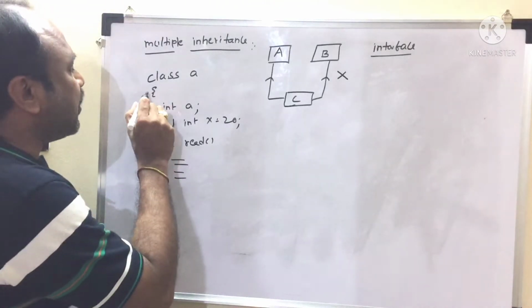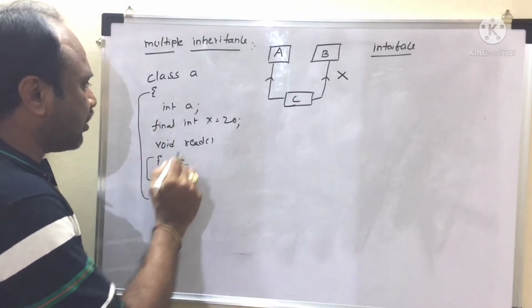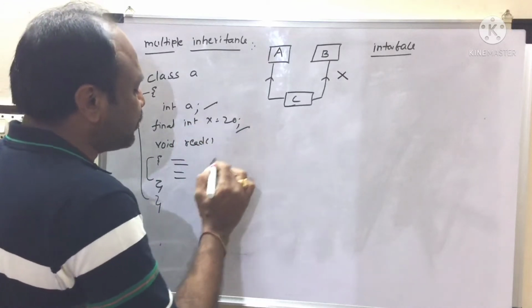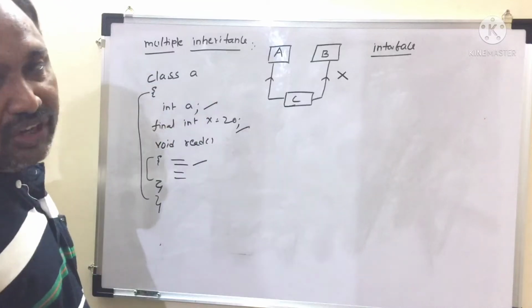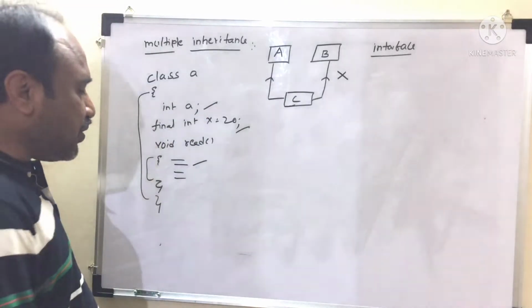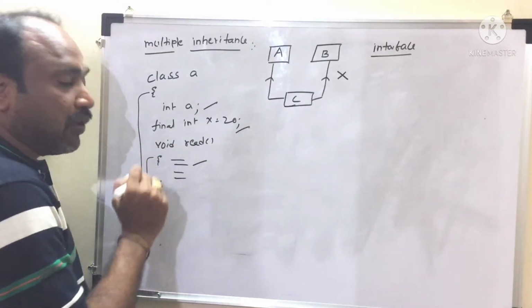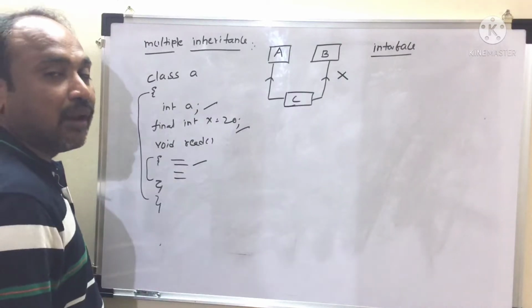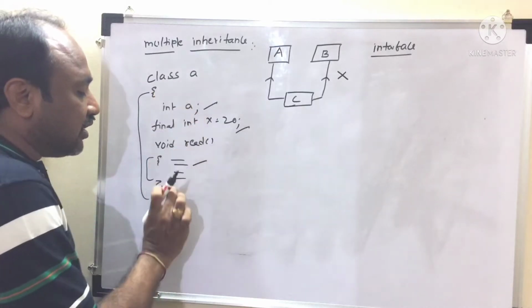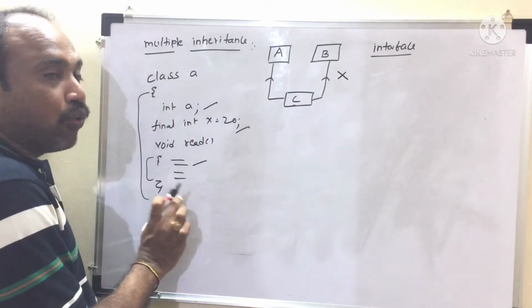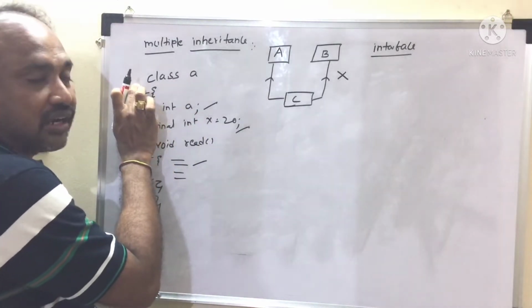That means in a class I may take variables, constants, concrete methods. We can take an abstract method also. An abstract method will not have any statements, only a declaration, an empty method. But if a class contains at least one abstract method, we have to declare the class as an abstract class.